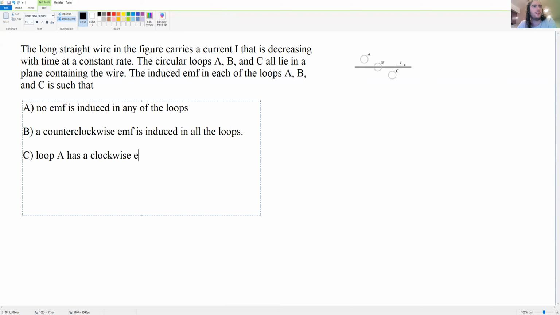So feel free to use this time to either copy the question down, although you can still just take a picture here in a second.